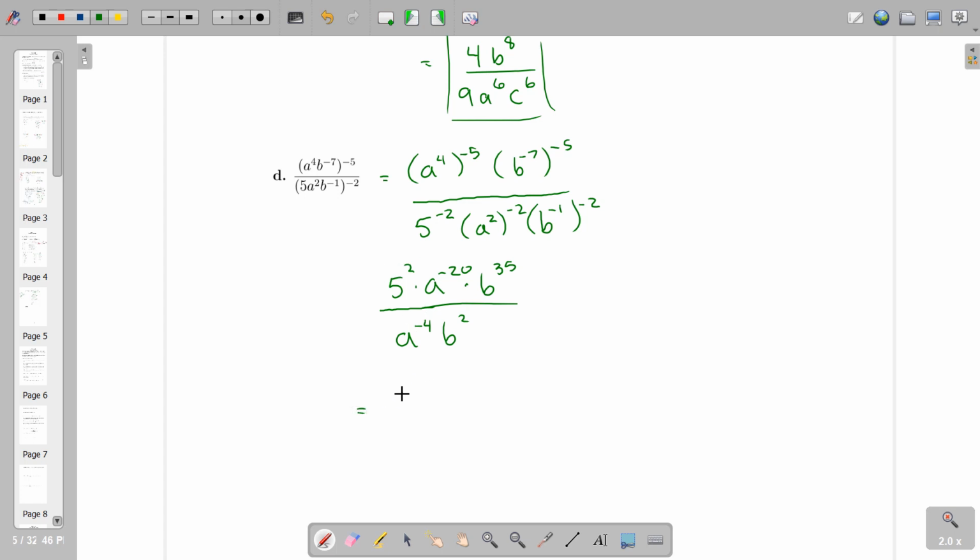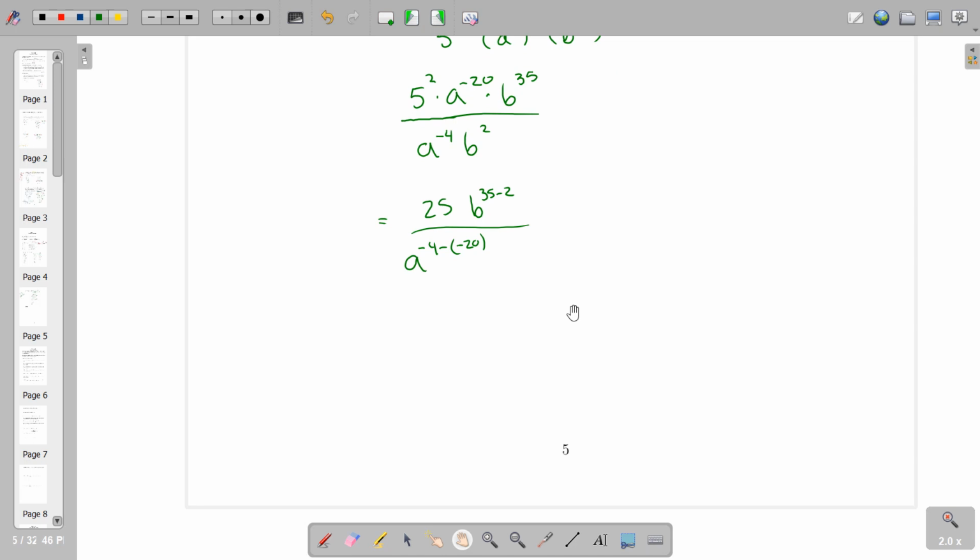So 5 squared, of course, is 25. Now, negative 20 is the smaller, right? So negative 20 is smaller than negative 4, so I'm going to do A to the negative 4 minus negative 20. And I'll do B to the 35 minus 2. So we end up with 25b to the 33 over a to the 16.